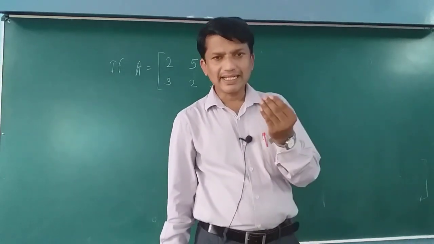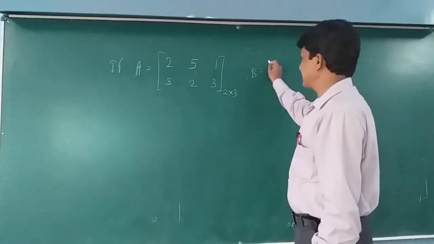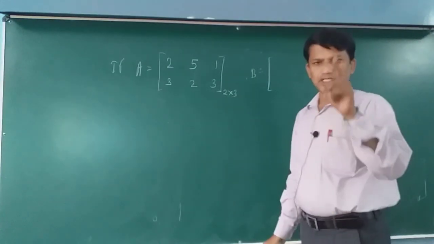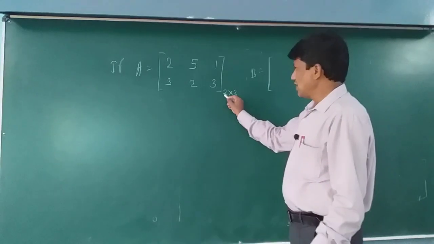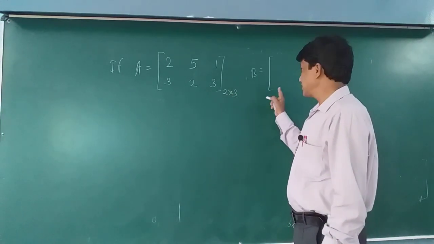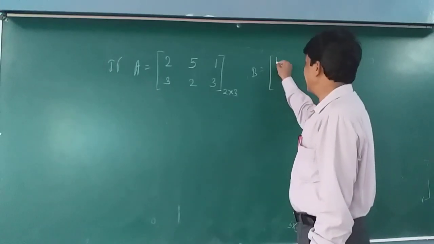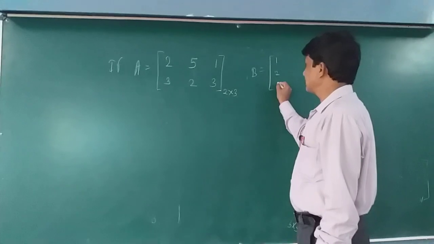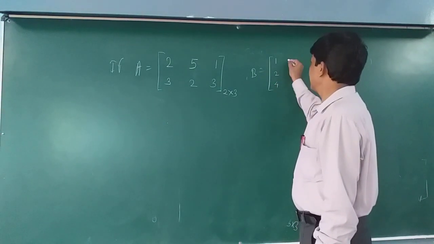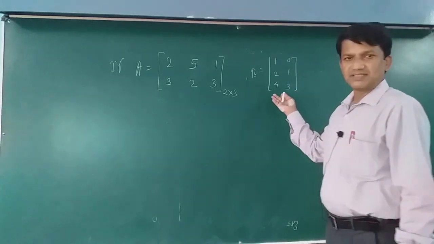Okay, now take a new matrix B, another matrix, but that matrix should have the right rows and columns. Here the columns are 3, so here there should be 3 rows. So I am writing here 1, 2, 4, 0, 1, 3. So what is the order of this matrix?